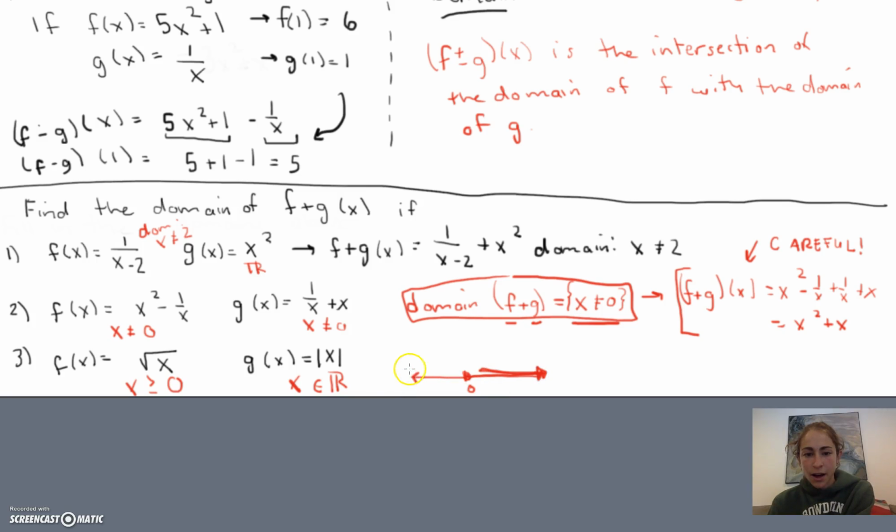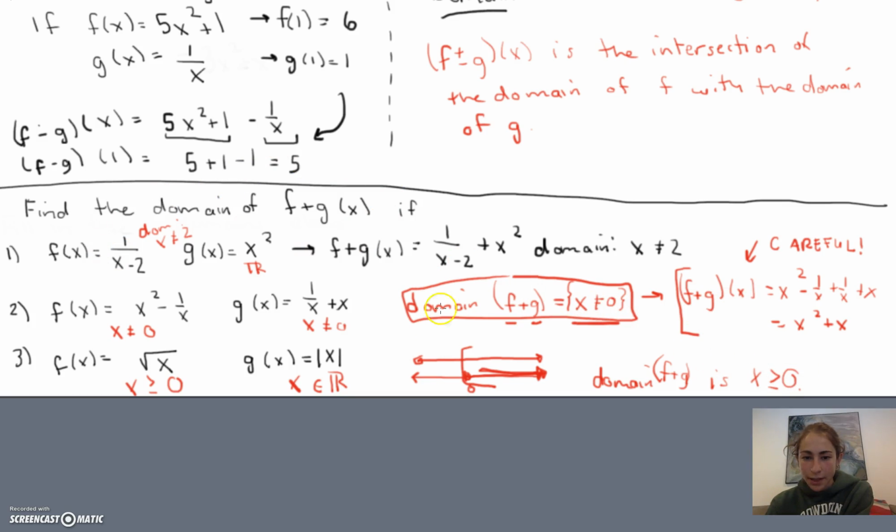For the domain of g, we could take the entire number line, but where do they intersect? This part. So the domain of f plus g is x has to be greater than or equal to 0.